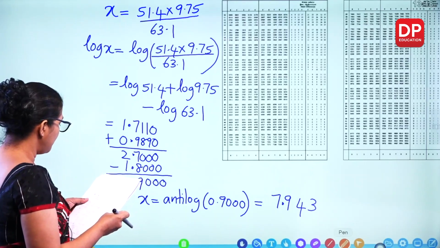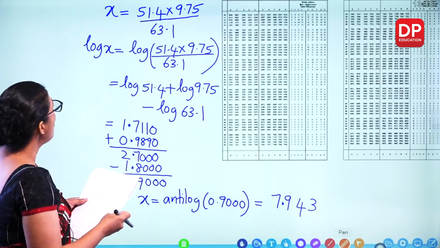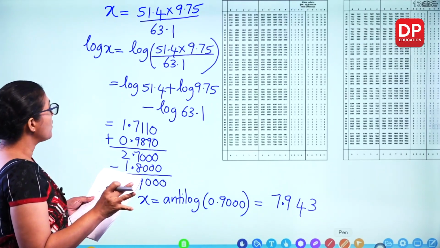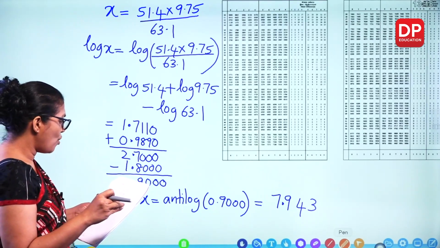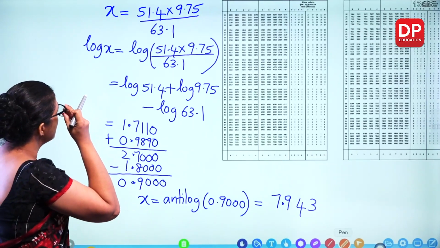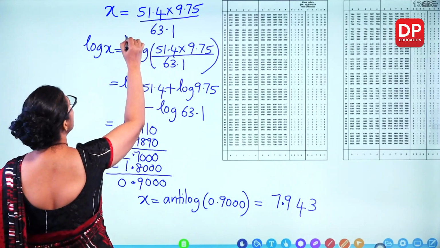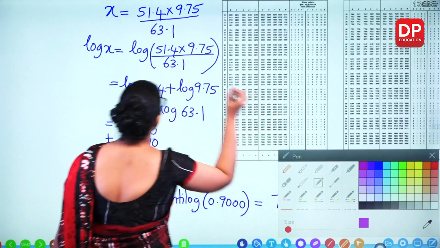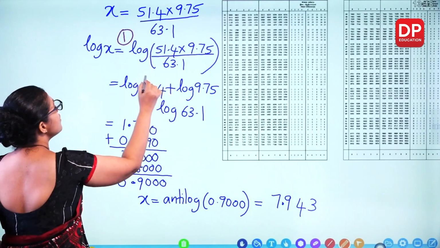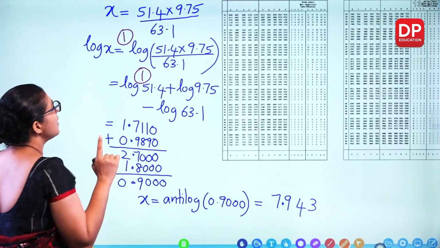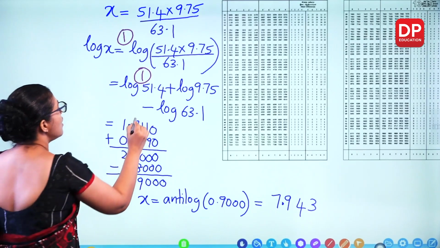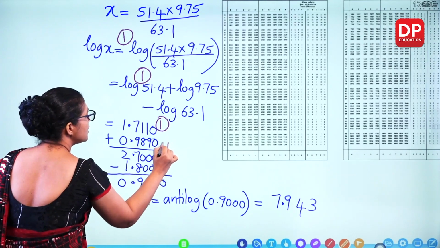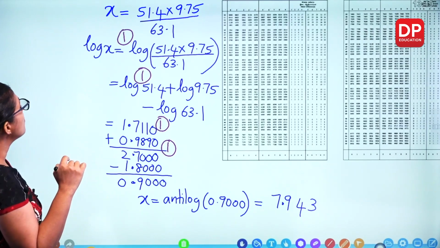So you get 6 marks for the whole question, because earlier you got 4 and this one 6. So taking logarithms both sides, 1 mark. Addition and subtraction, 1 mark. Referring the log values, you get 2 marks.